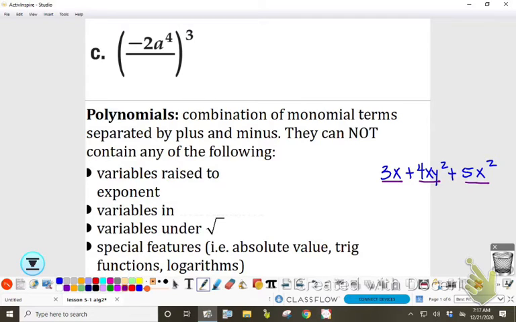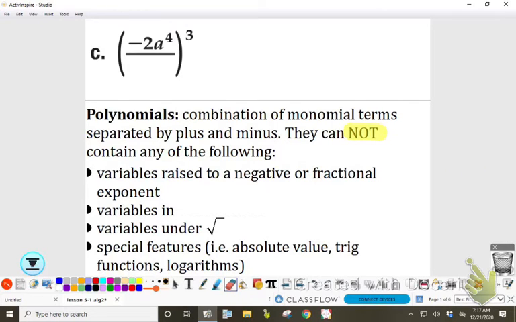So the first thing is variables raised to a negative or fractional exponent. So this is what it cannot contain. Let me highlight that word not. So if you see an expression that has a negative or a fractional exponent, it is not a monomial.